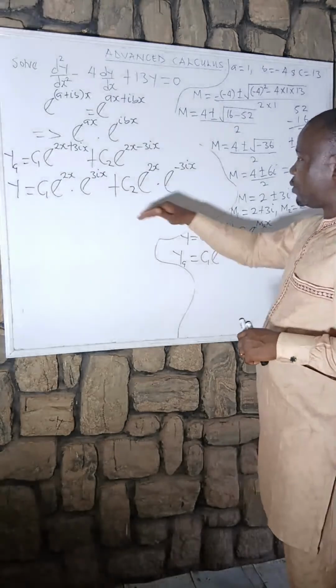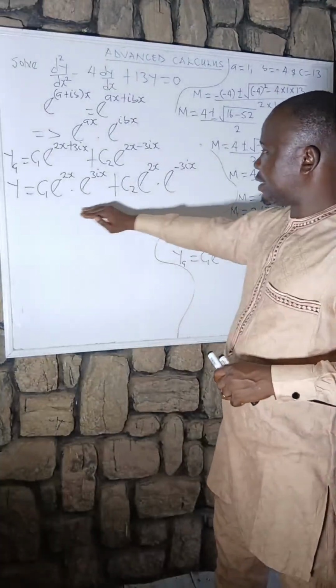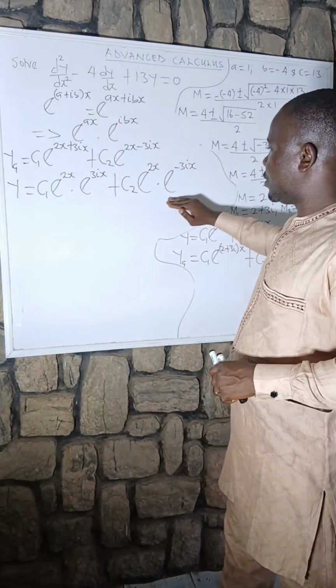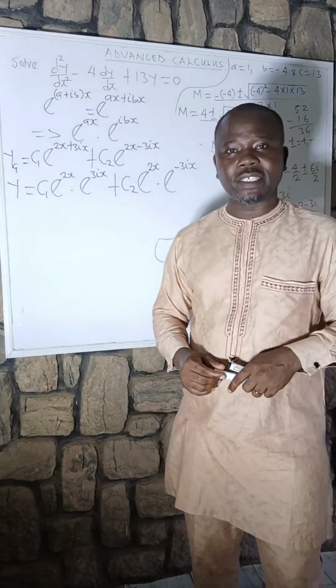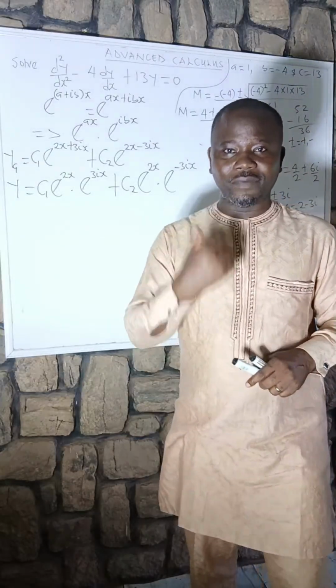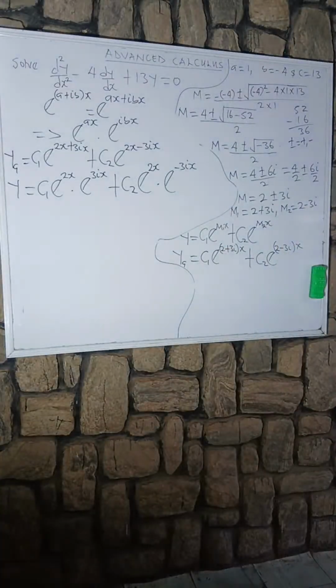So now look at this general solution. At this point, something is common. What is common? Exponential 2x, true or false? Look at it very well.